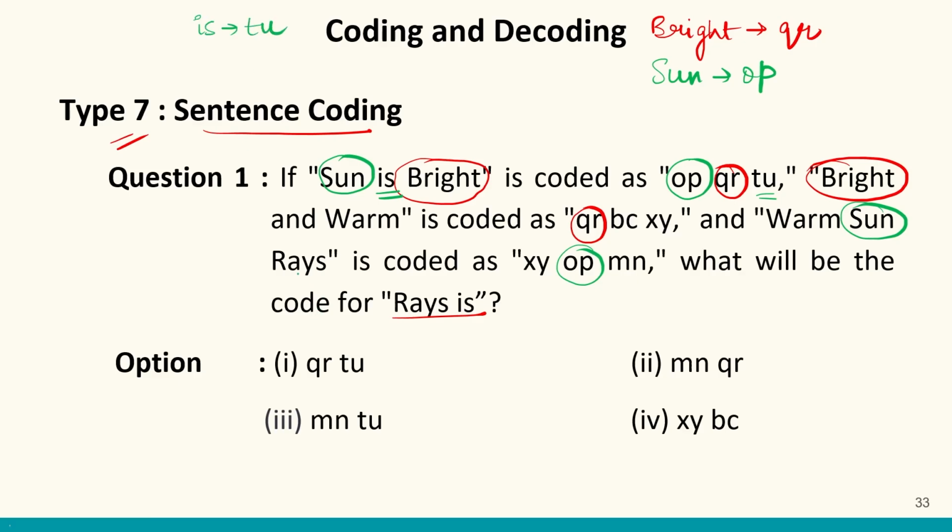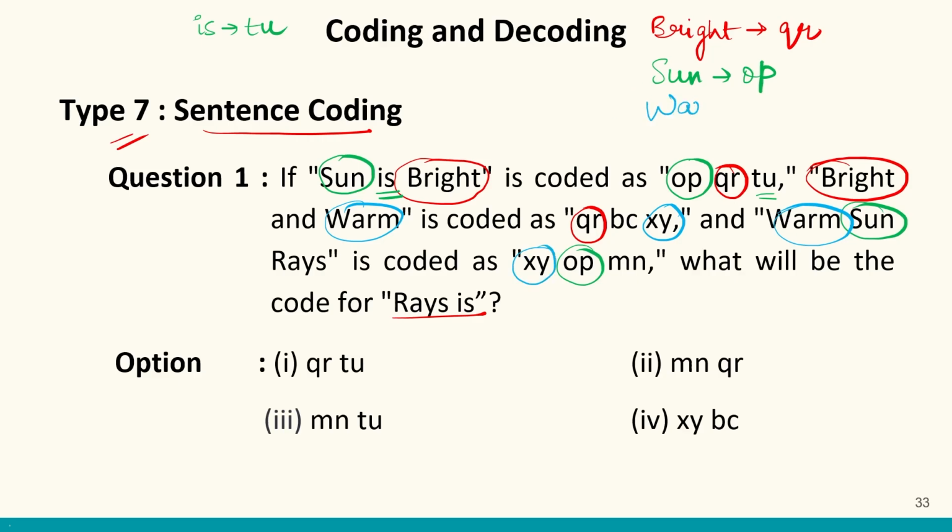Now we have to find the same thing for rays. Over here the sentence is warm sun rays, and over here the sentence is bright and warm. So the only word common is warm. If I look at the code, we have QRBCXY and we have XYOPMN. So the only code that is common is XY.